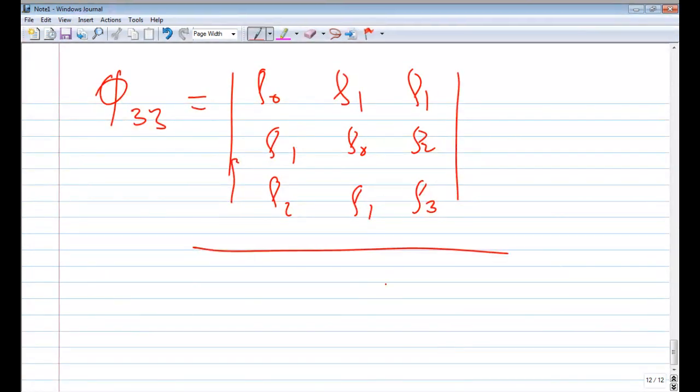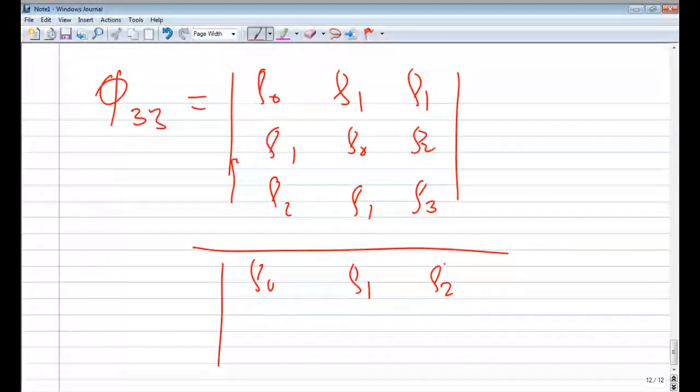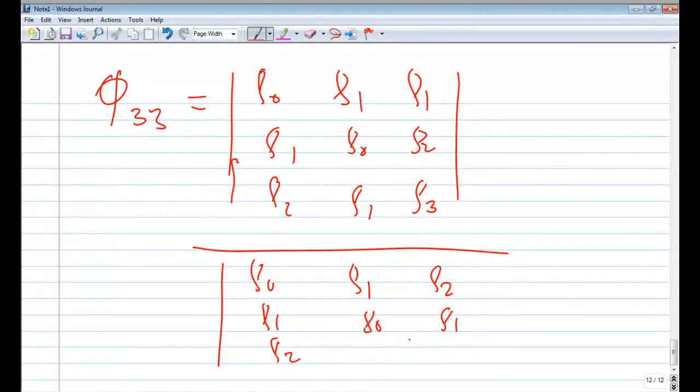Then you divide by the 3 by 3 determinant again: row 0, row 1, row 2, row 1, row 0, row 1, row 2, row 1, row 0. So this is the determinant of 3 by 3.